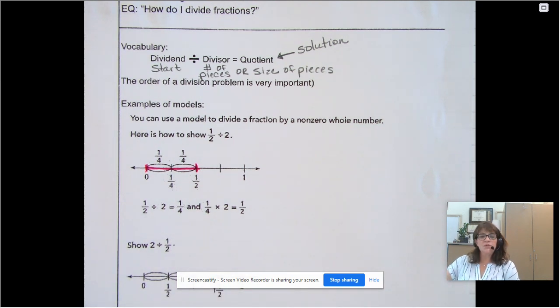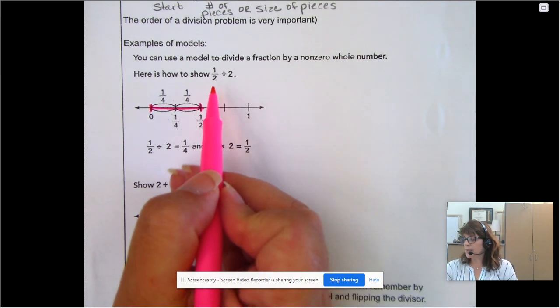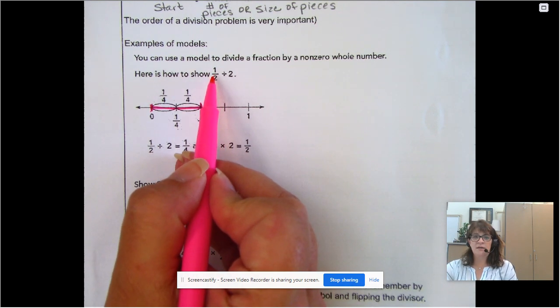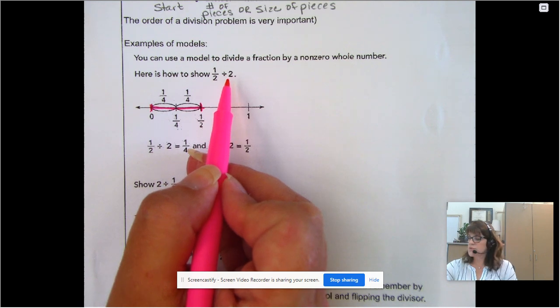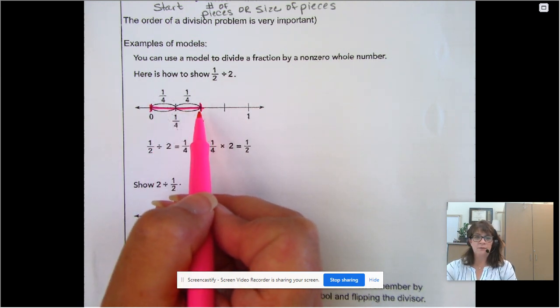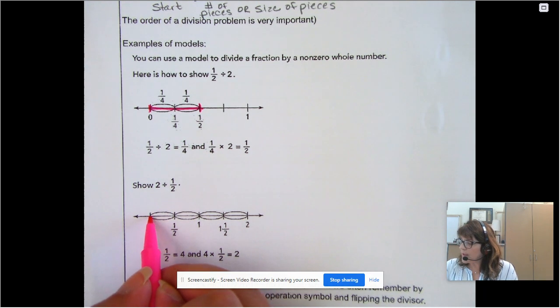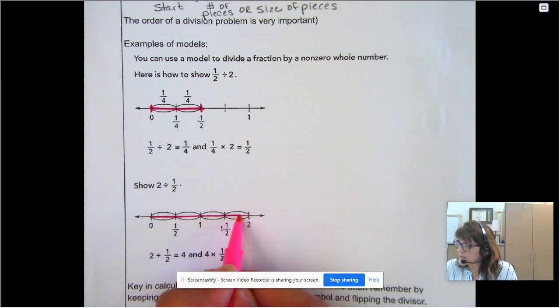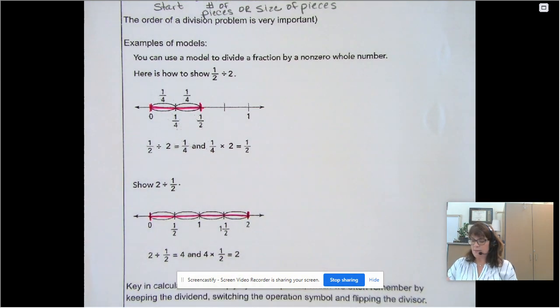Now, what if it was reversed? Because order matters a lot. If it's reversed, okay, so in this story, we had a half a pizza and you and a sibling were going to split it. You were going to finish it. So you each got a quarter of a pizza. In the next story, we have 2 whole pizzas. Okay.